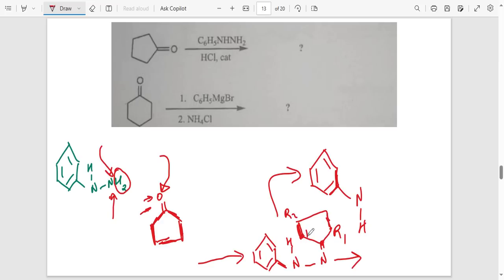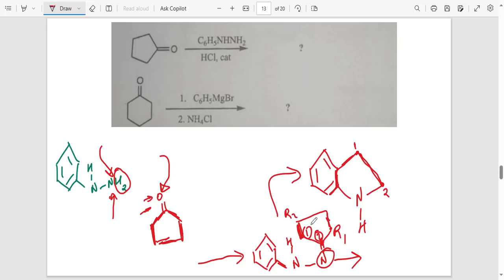So I've got this carbon here, because you are going to use this to connect to your ring. So you get those two carbons I've labeled as R1 and R2, but now this nitrogen is going to be lost. This is the carbon I've labeled 1, carbon I've labeled 2. And then simply connect these two.